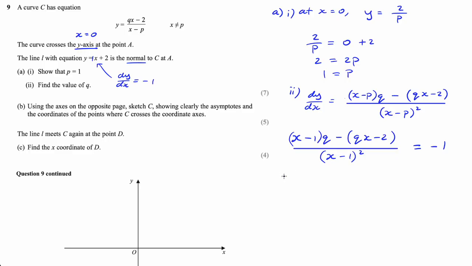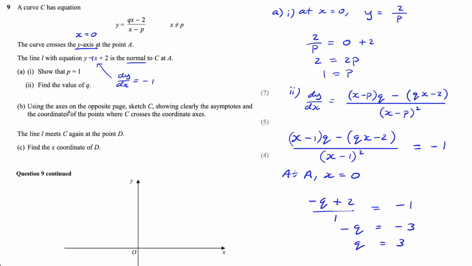I'm just going to write that here. At A, x equals 0. Okay, so that makes life a bit easier. I'm going to make this minus q minus 0 minus 2, so that's going to be plus 2, all over 0 minus 1 squared, which is 1 squared, which is 1, good, which is equal to negative 1. Okay, fine. Minus q plus 2 is negative 1, minus q equals negative 3, and then q is equal to 3. Okay, great.